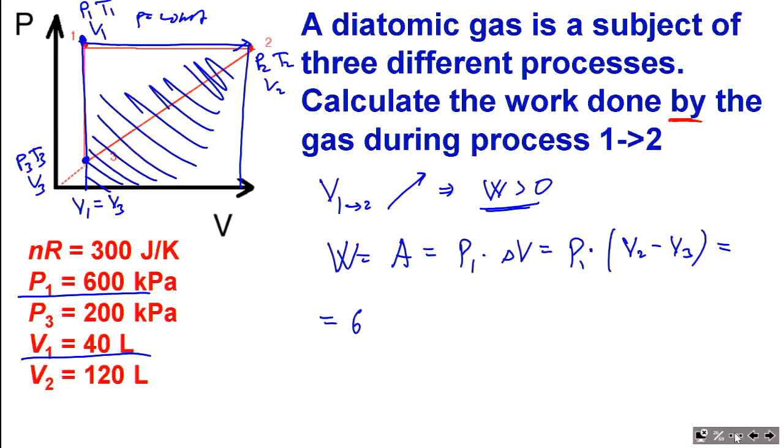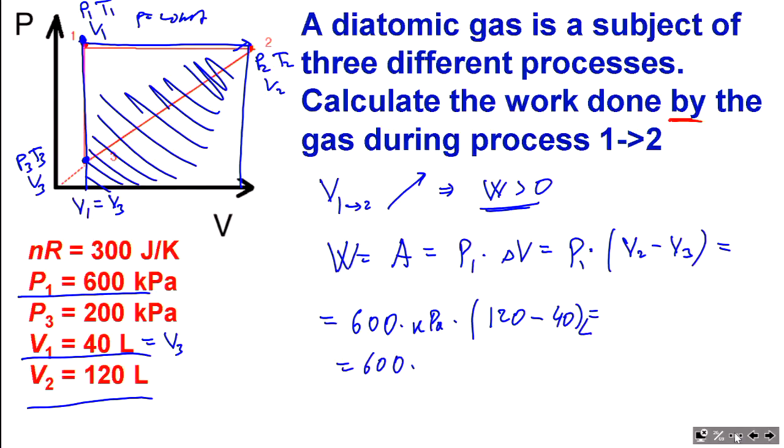So I can just start plugging in numbers. 600 kilopascals times volume number 2, 120, minus volume number 3, which is equal to volume number 1, 40. Those are liters, so I can cancel kilopascals and liters. 600 times 80, 48,000 joules.